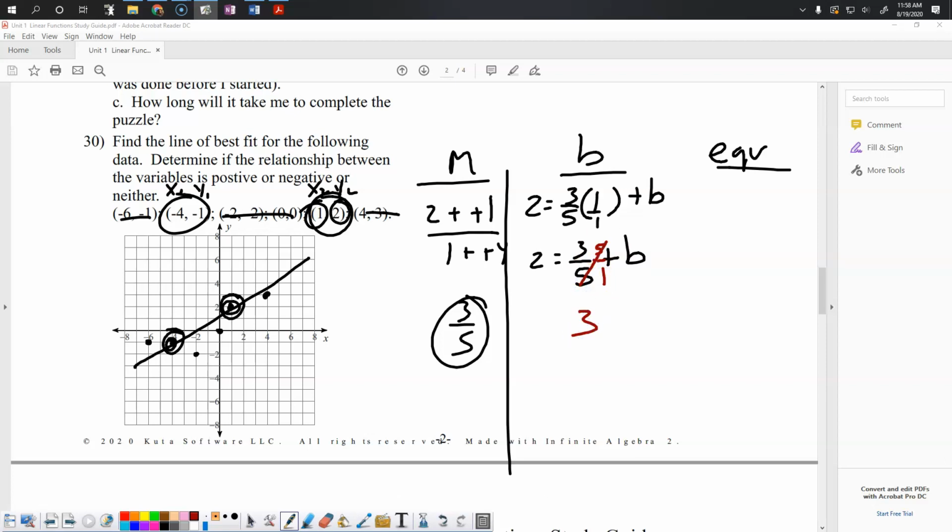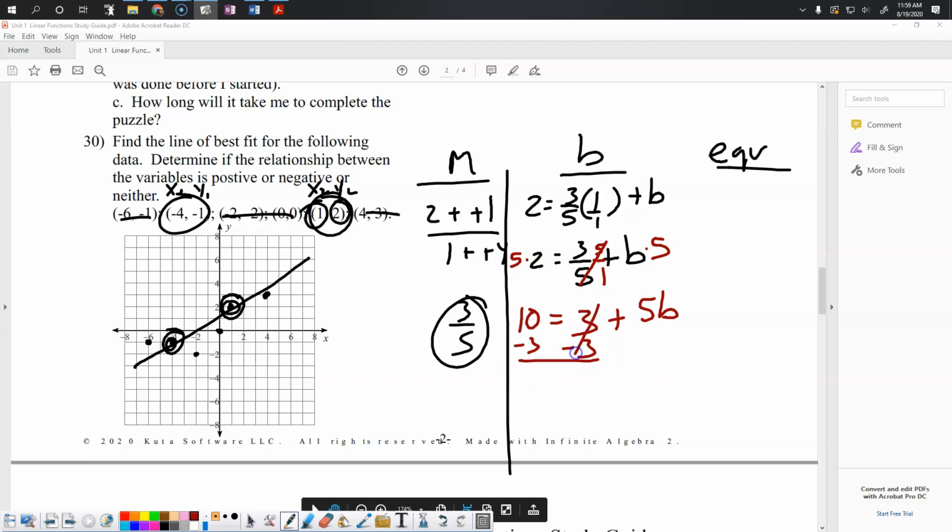But if you do that there, you have to multiply everything by 5. So 5 times 2 on the left is going to be 10. And 5 times b is going to be 5b. From there, we just solve. So b equals 7/5. Now that's an acceptable answer, but it's not the only one I would accept.